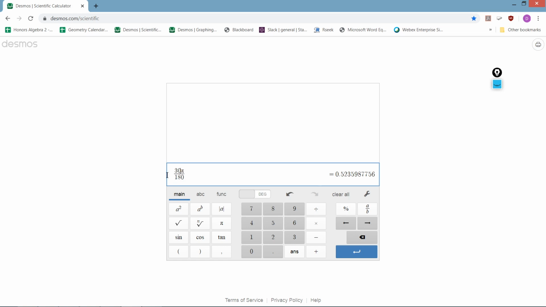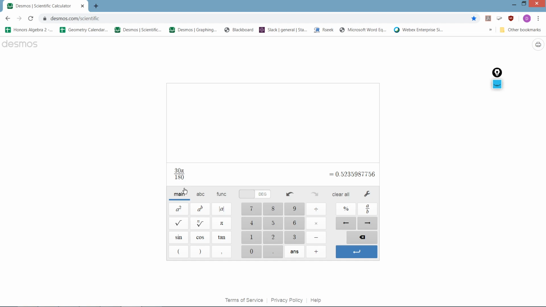And if you see a number without pi, that's typically a good indication that it's in degrees. There's no perfect way to know, because people often just leave the degree symbol off, and in radians you don't write the degree symbol anyway, so it can get confusing. But typically, if there's a pi in there, that's radians. If there's no pi, then it's degrees. I like pi, but I don't like radians, so that doesn't go well together.